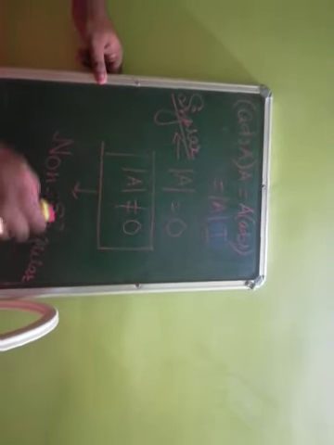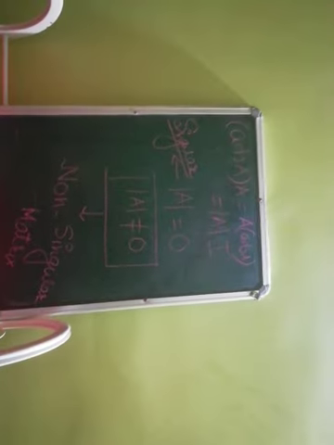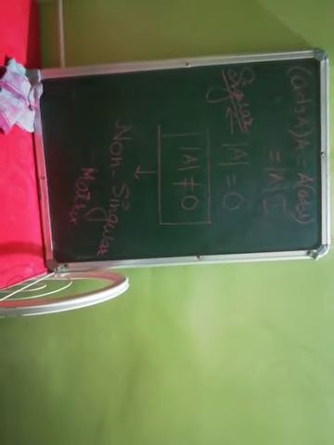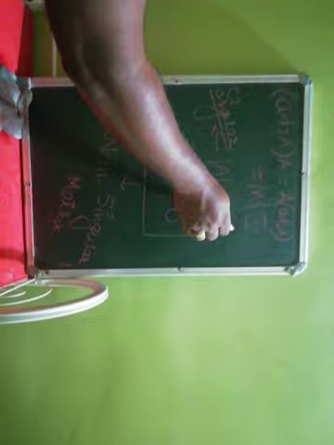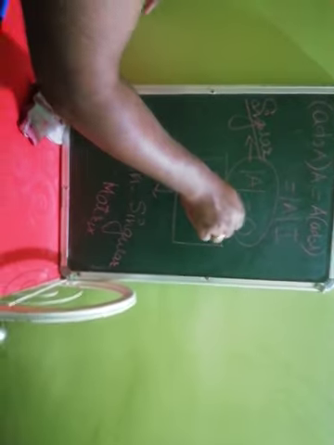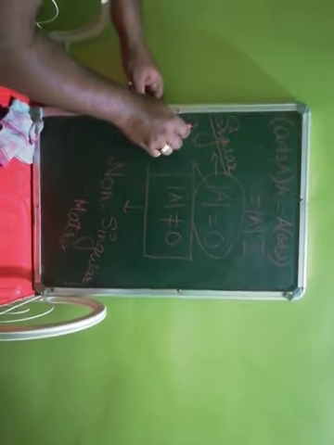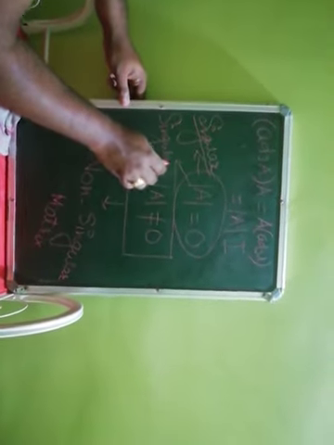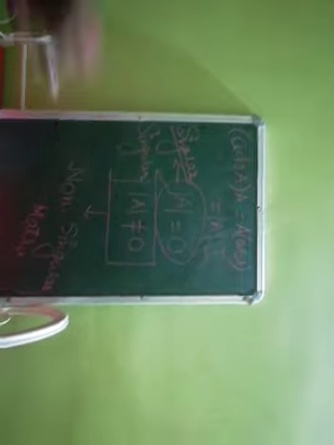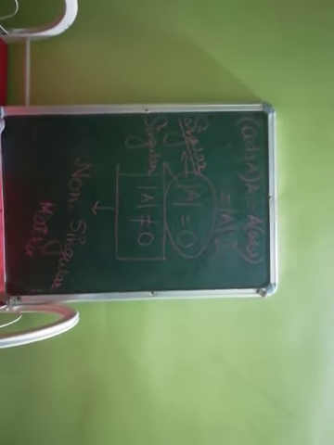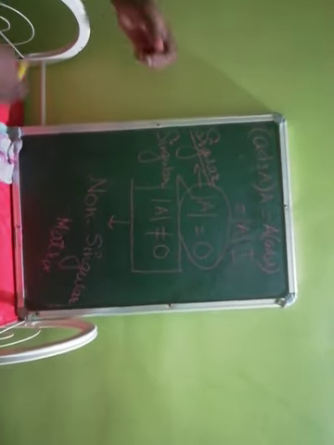Let me again remind you, if the determinant of a square matrix is 0, that is, determinant of A is 0, then A is a singular matrix. Otherwise, this is called a non-singular matrix.